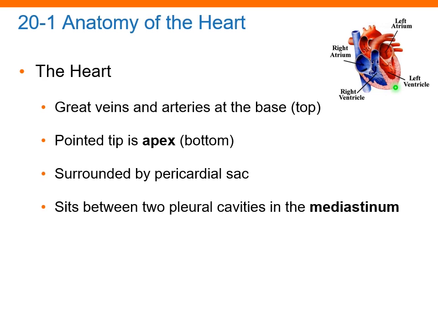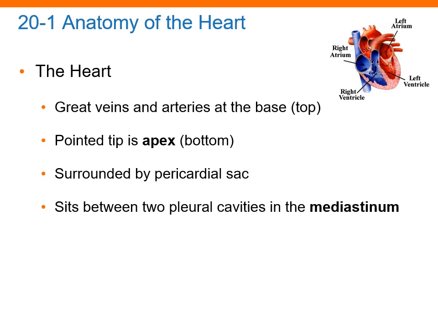When you're looking at someone in a normal standing position, the apex is at the bottom. That's the point. The base is at the top. The great veins and arteries are at the base. That would be things like the aorta, the pulmonary trunk, pulmonary veins, vena cava at the top there. And that's because they either go into the atria or come out of the ventricles.